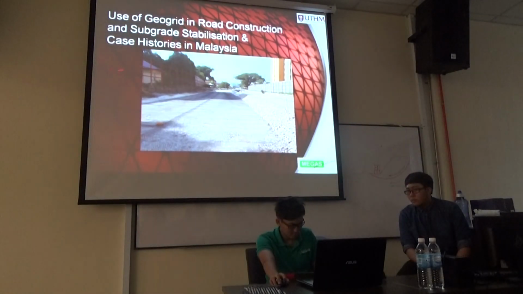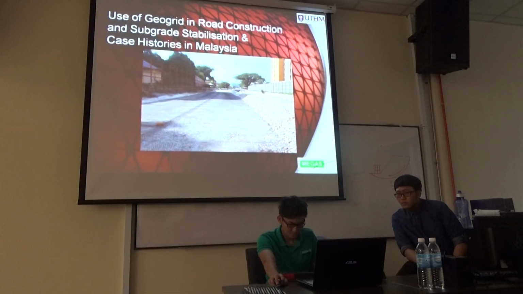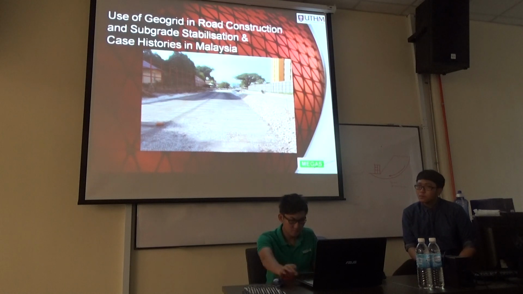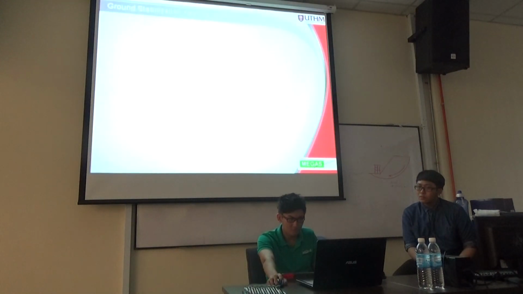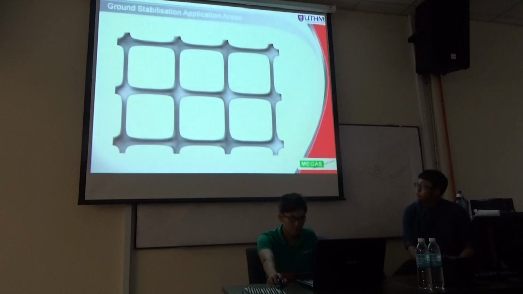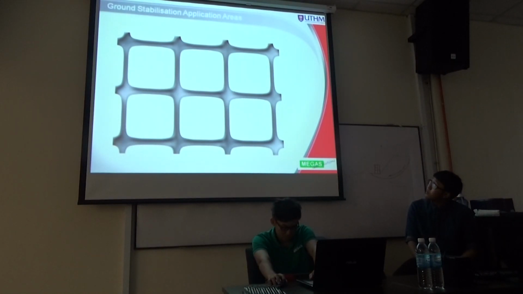First, we will talk about the use of geogrid in road construction and stabilization. There are six application areas where we can use geogrid for ground stabilization. One is to reduce the layer thickness.